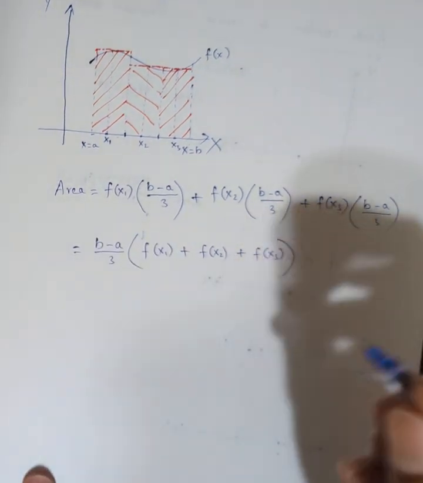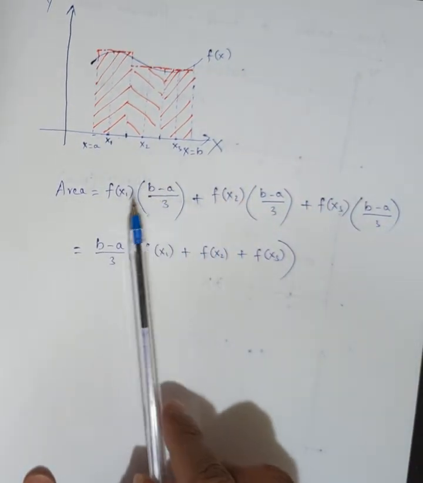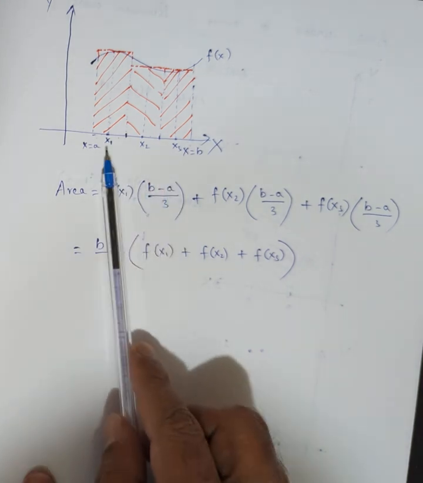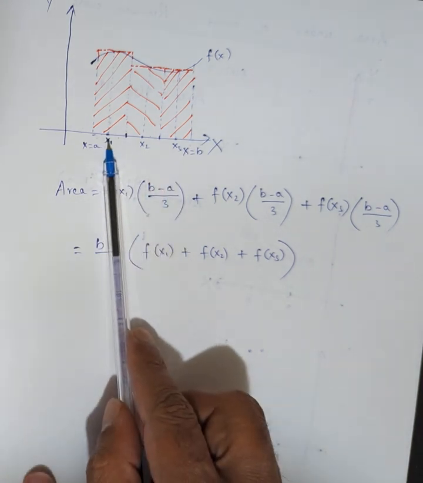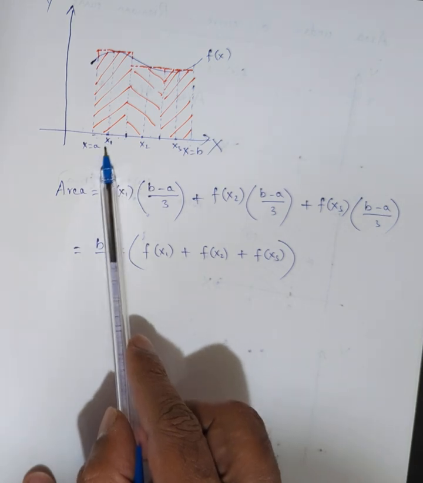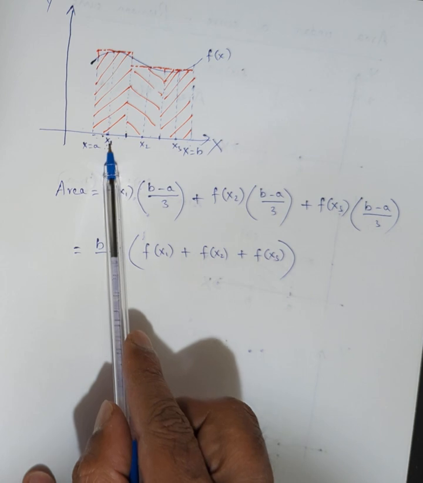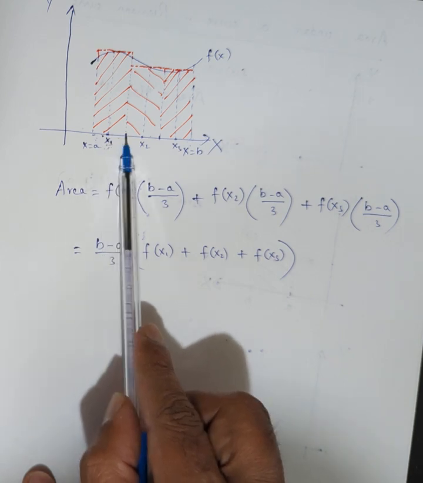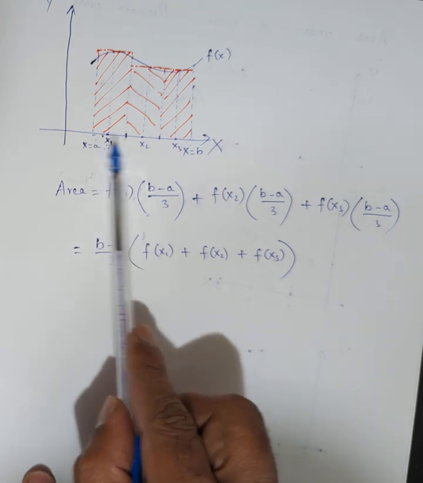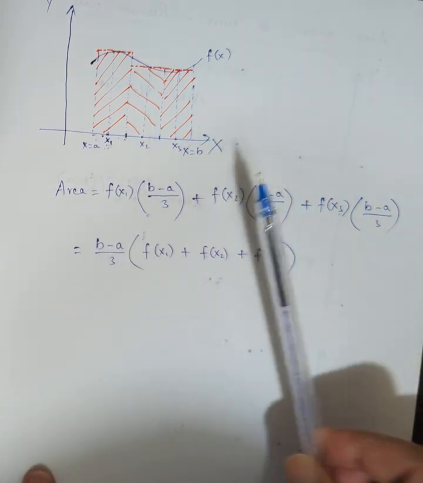So two things to pay attention to here. The problem will specify which representative point you need to choose. If you're asked to use the midpoint, then your x1 is at the midpoint of the first subinterval.